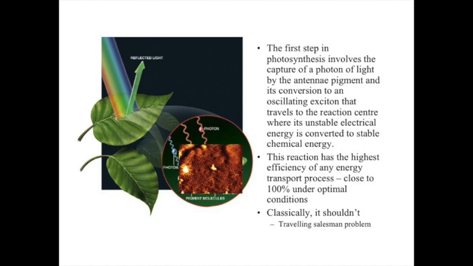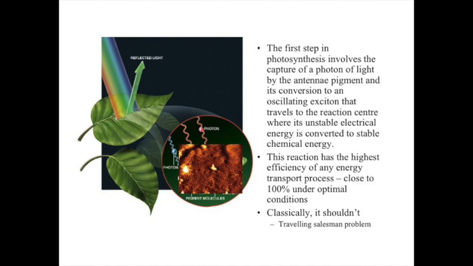So it's 100% efficient, and it shouldn't be. The reason it shouldn't be is that that exciton is unstable, and its transfer from where it's picked up to the reaction center should take longer than its stability. So it should mostly fall down, the electron should fall down and release the photon again. So the energy should be lost.